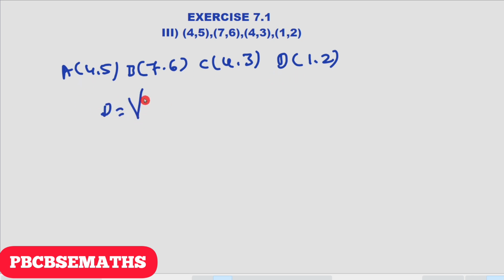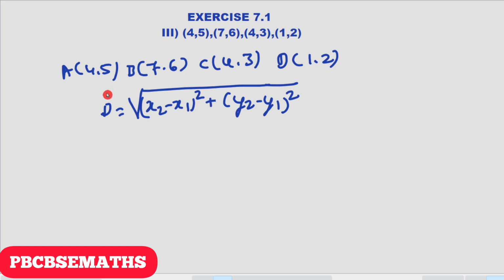So let's write the distance formula first. D is equal to square root of (x2 minus x1) whole square plus (y2 minus y1) whole square. So let's use the distance formula to find the distance between any two points. Let's first write AB, which is equal to square root of, consider B as x2, y2 and A as x1, y1.